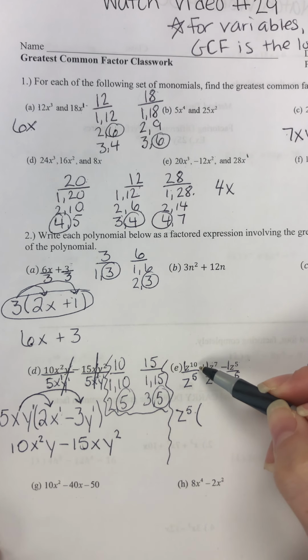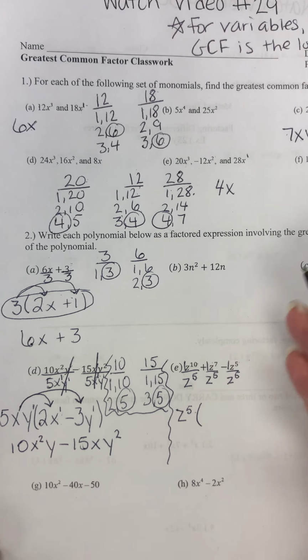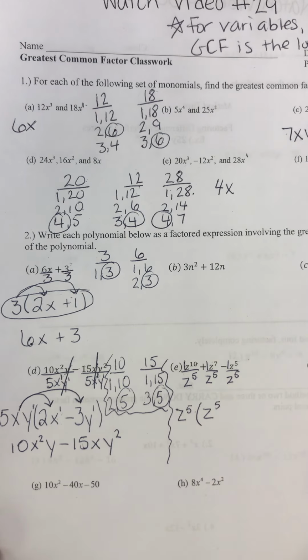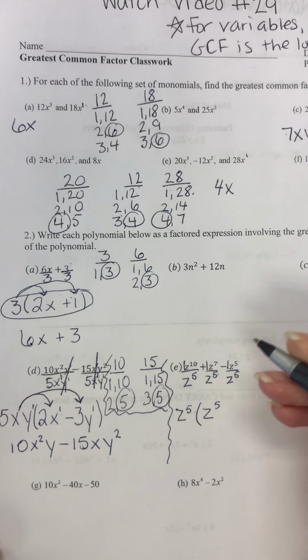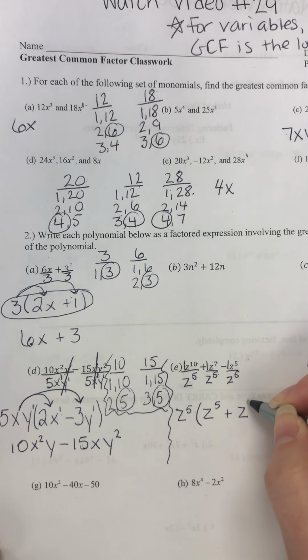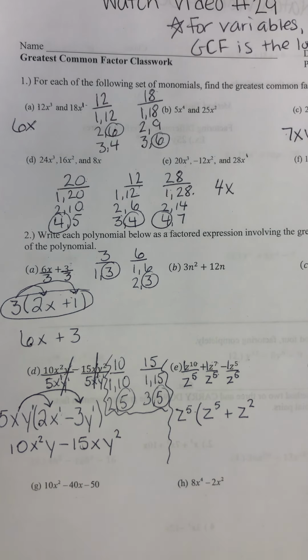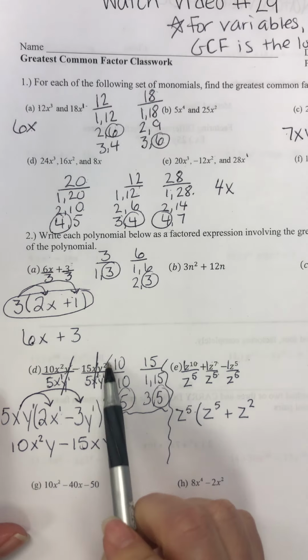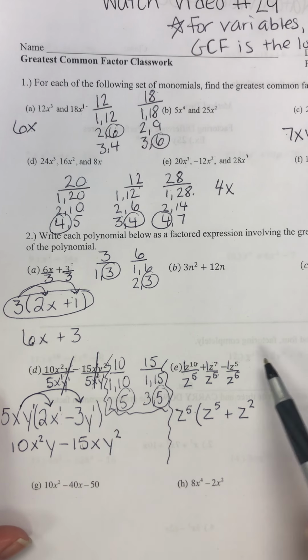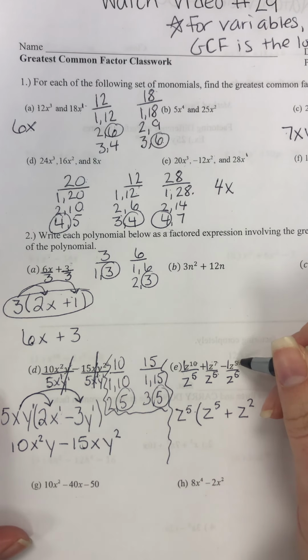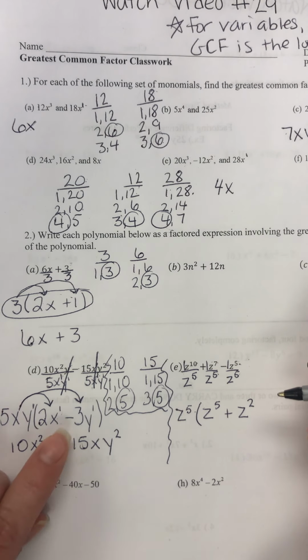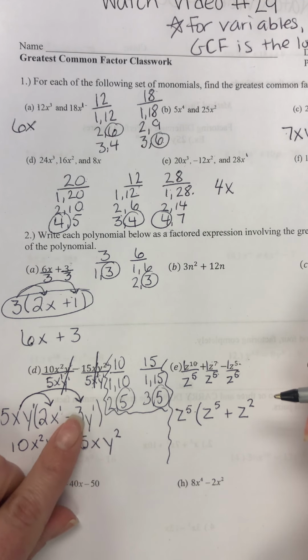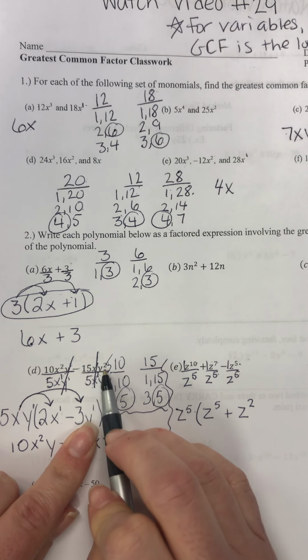So when I divide, I'm subtracting my exponents. 10 minus 5 would give me z to the 5th. 7 minus 5 would give me z to the 2nd. This part can be a little tricky. So on letter D, we canceled out our variables when they had the same exponent because this is a 5 minus 5. Because I already had something there as a placeholder to still get back to that term.